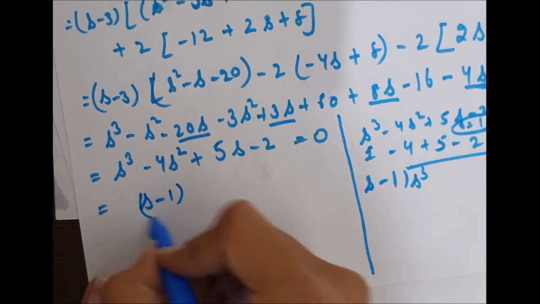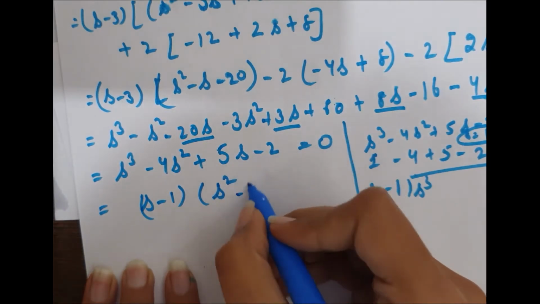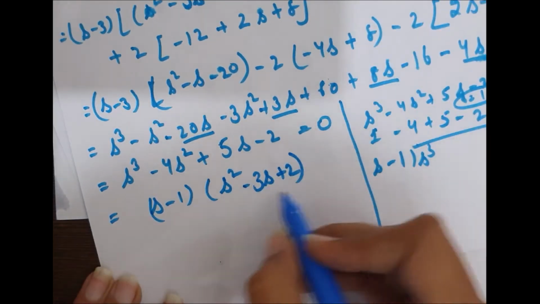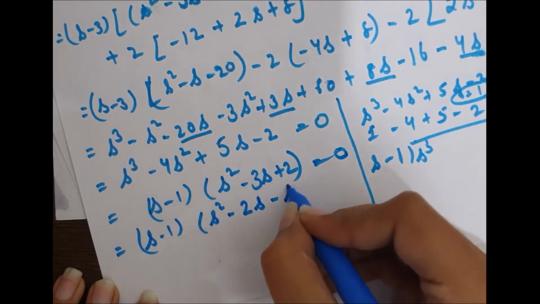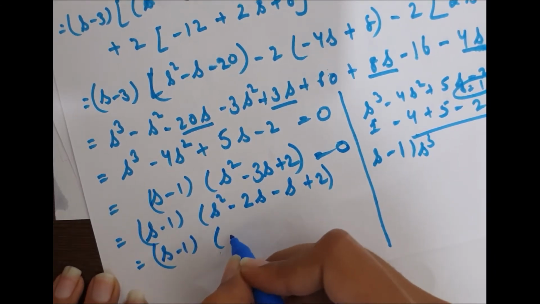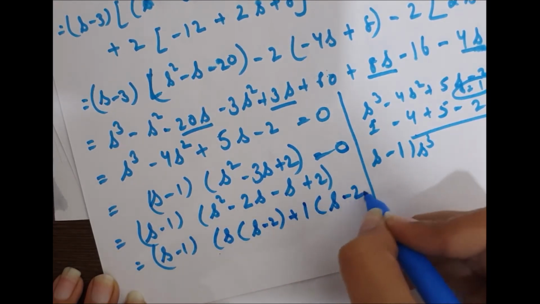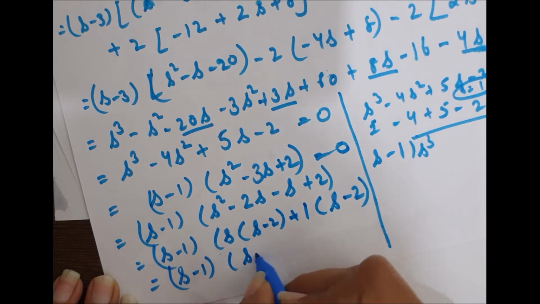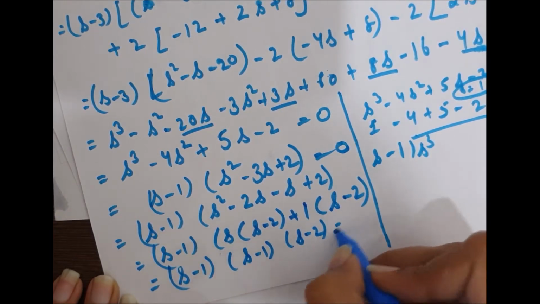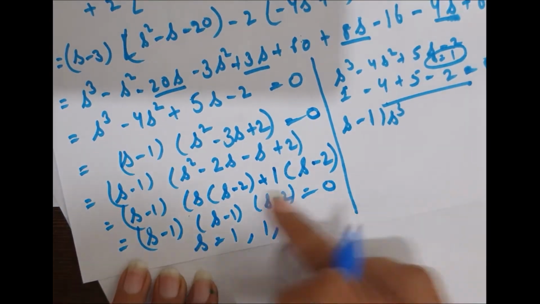The root will be s minus 1, s squared minus 3s plus 2. So we get these three eigenvalues. So I am taking a third example for your understanding.